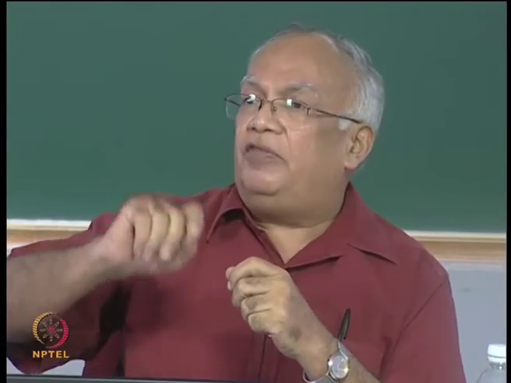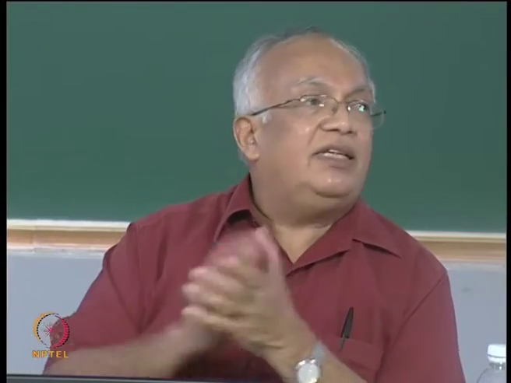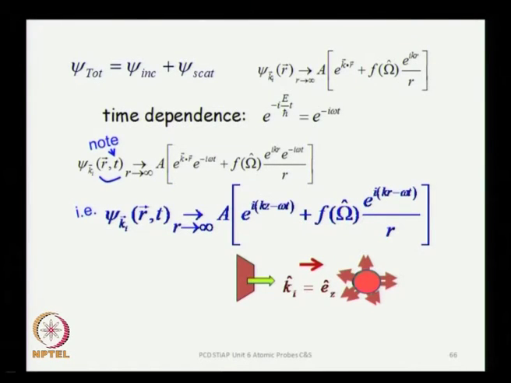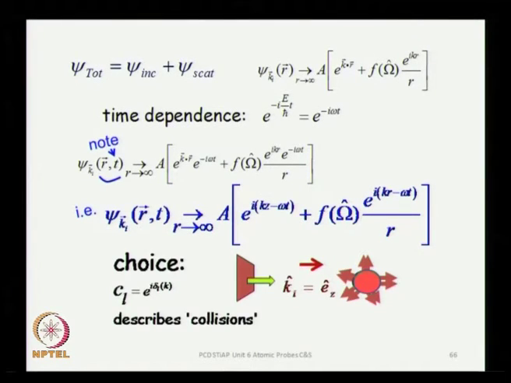And since dr by dt is positive, you have got the radius of the surface of constant phase which increases. That is what makes it a spherical outgoing wave. Okay. So now our solution is complete, inclusive of the time dependent term, and what gives us this correct form is the choice C equal to e to the i delta, and this is of tremendous importance in our discussion for photoionization.